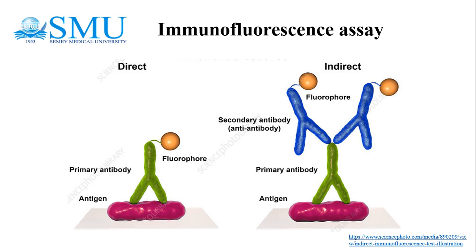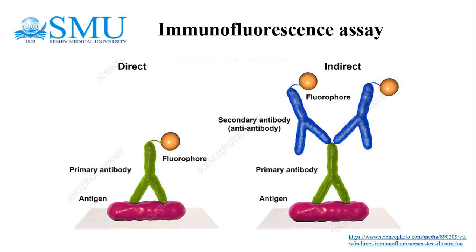Principle of this assay: fluorescence refers to absorbing high energy, shorter wavelength ultraviolet light rays by the fluorescent compounds, and in turn emitting visible light rays with low energy, longer wavelengths.